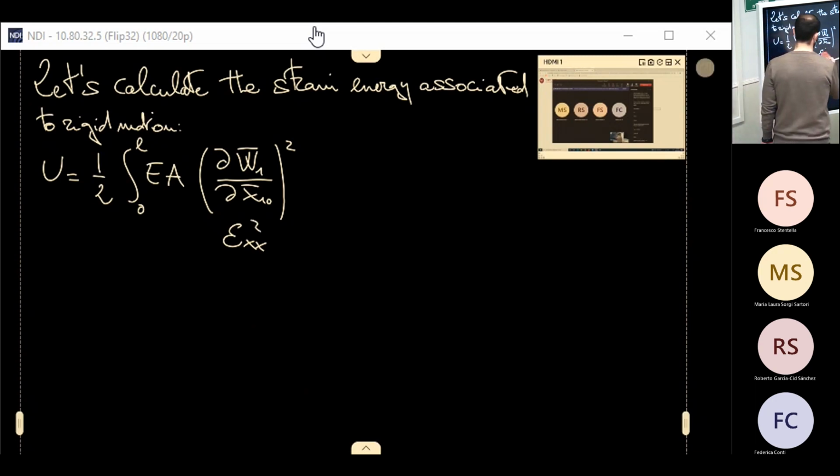Plus the transverse, the flexural deformation, and here you go with EI, the flexural rigidity.